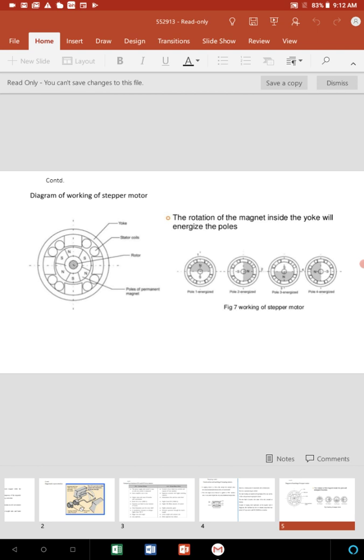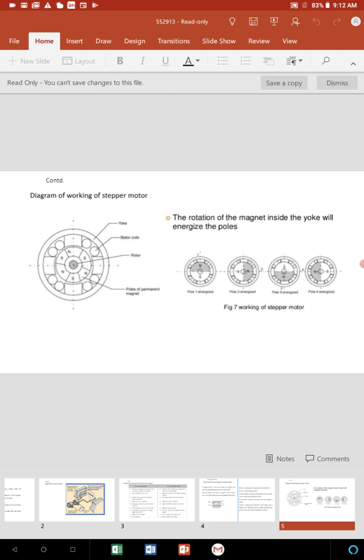As the name itself indicates, the stepping motor rotates in steps. It is also a brushless DC motor. As it is said, it converts electrical signals in the form of pulses into mechanical motions or movements in steps.